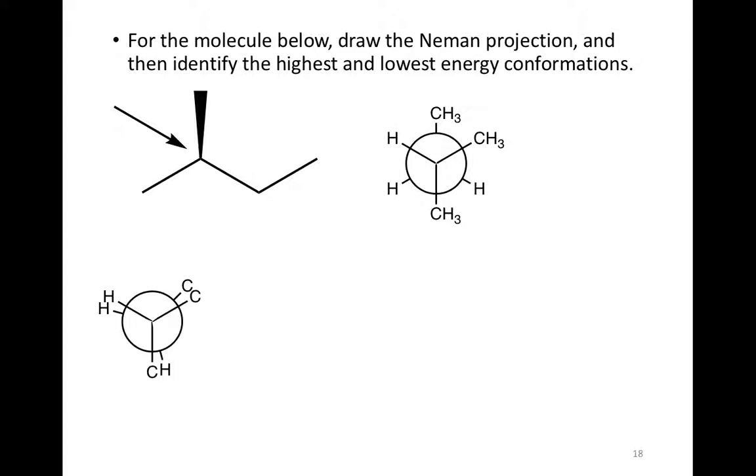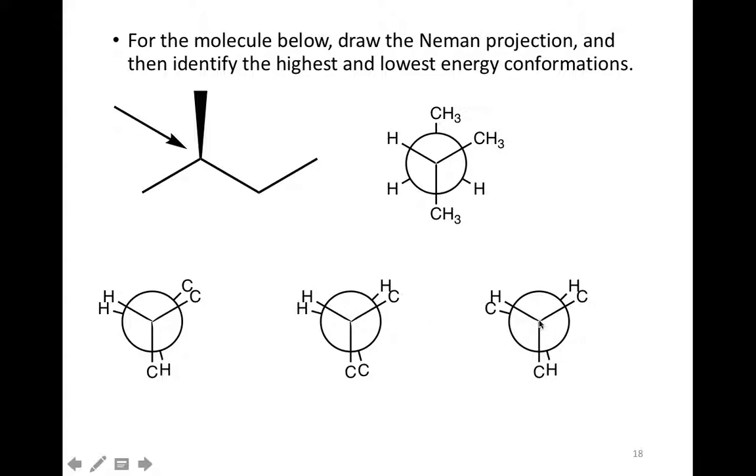All right, and then if we go to the eclipsed conformations, so I can have a methyl eclipsed and a methyl hydrogen in this eclipsed conformation. Again, I've got a methyl methyl, a methyl hydrogen, and a hydrogen hydrogen.